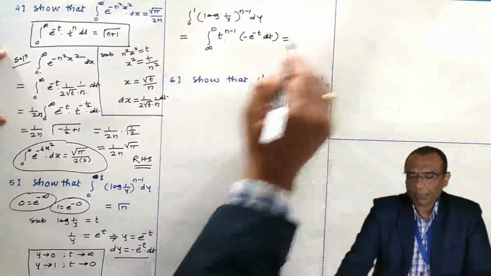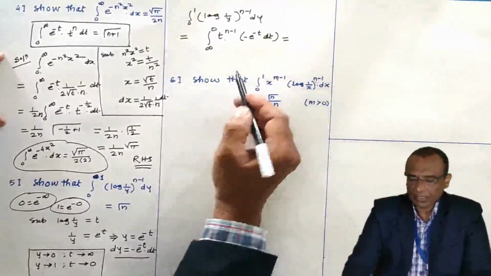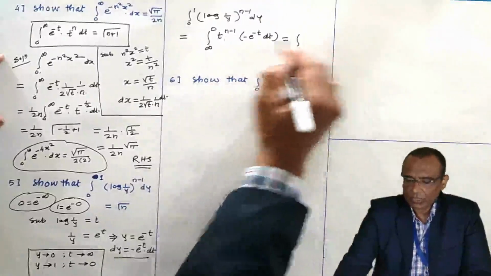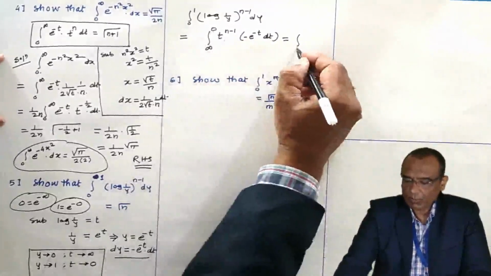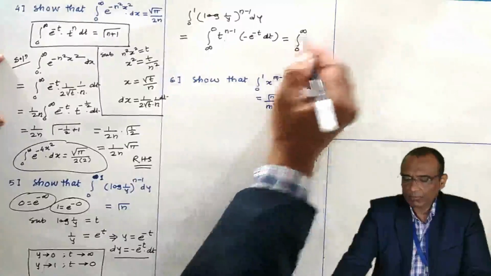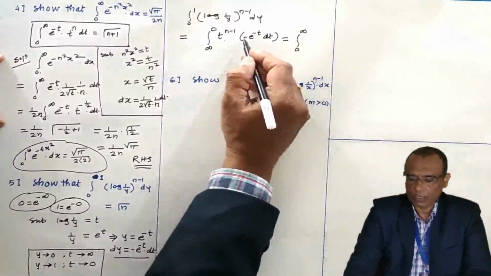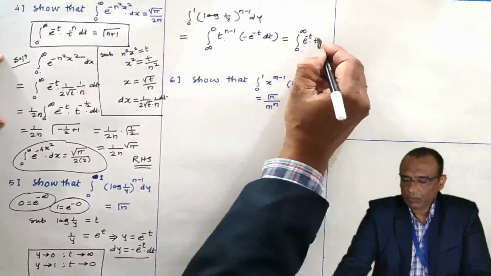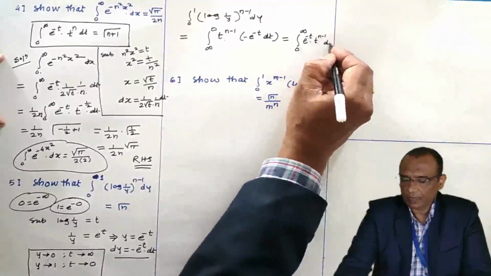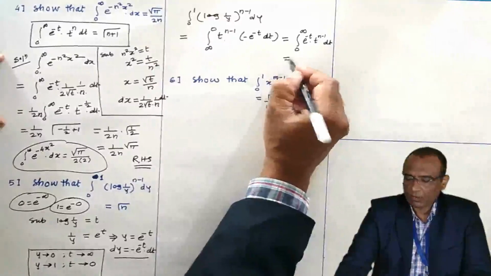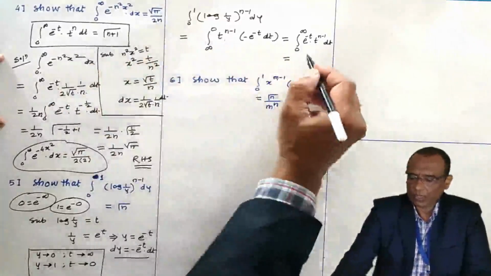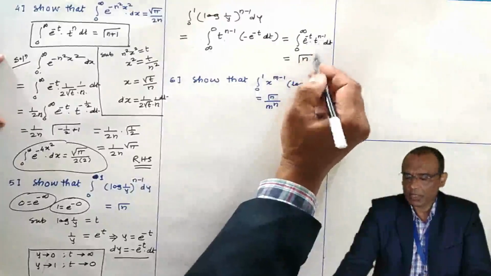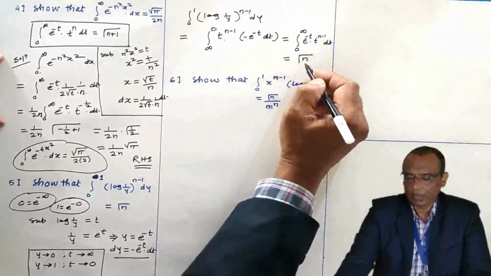Then here, by a property of definite integral, I am going to interchange these limits. Infinity to 0 can be written as 0 to infinity, where this minus sign will be compensated. E to the power minus t as it is, t to the power n minus 1 dt. Is it? Now, this is the definition of the gamma function. This is gamma n. E power minus t, t power n minus 1 dt is gamma n.